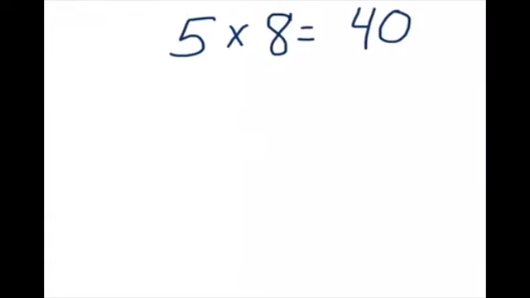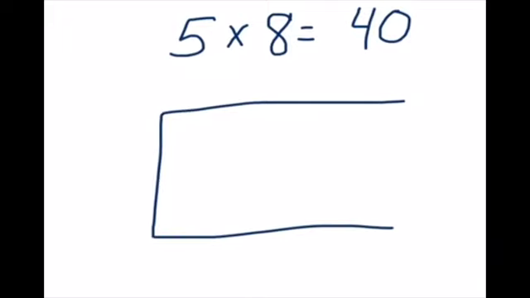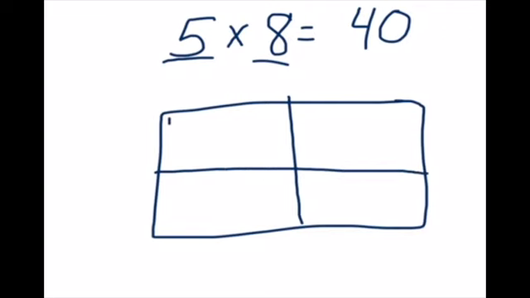All right, so it would be our fact family for something like 5 times 8 equals 40. Since my factors right here are different, I know I'm going to have 4 different equations, or 4 different number sentences.